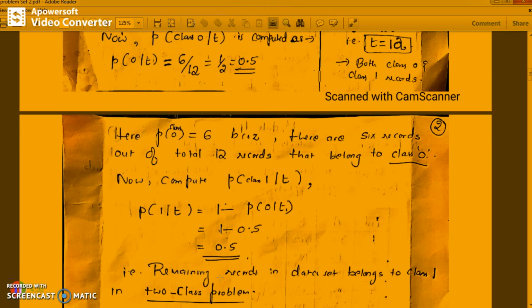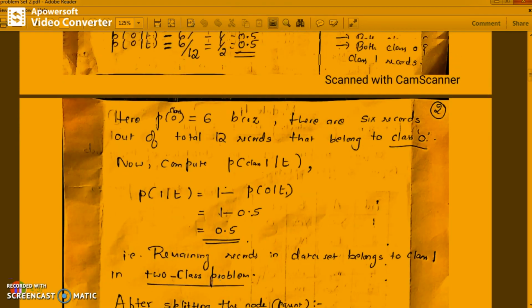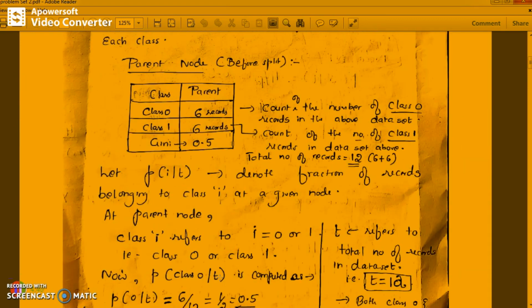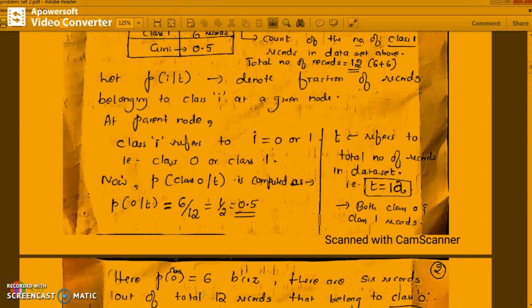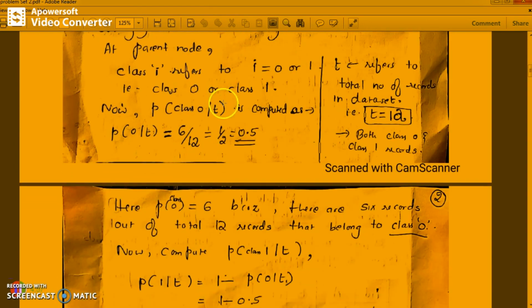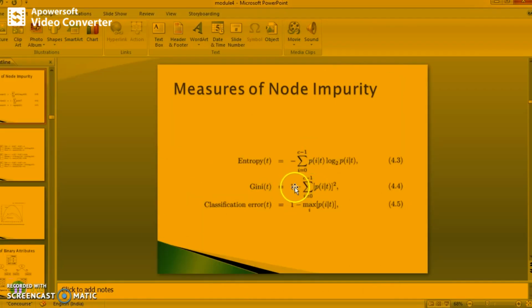Once your P of 0 and P of 1 are ready, you can now compute the Gini value, right? What I'm computing here is the Gini value of the node before splitting. So how do you compute the Gini? Substitute the values you just computed, P of 0 t and P of 1 t, in the given formula, which is 1 minus the summation. So 1 minus, P of 0 t was 0.5 and P of 1 t is also 0.5.